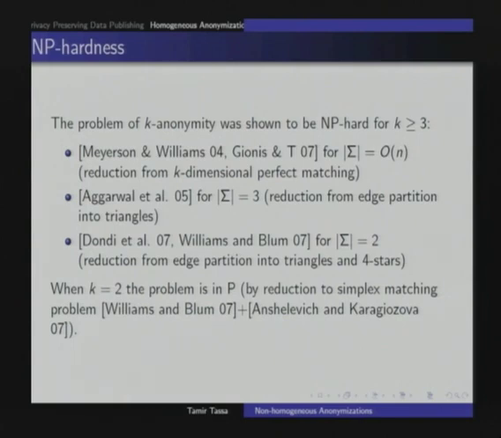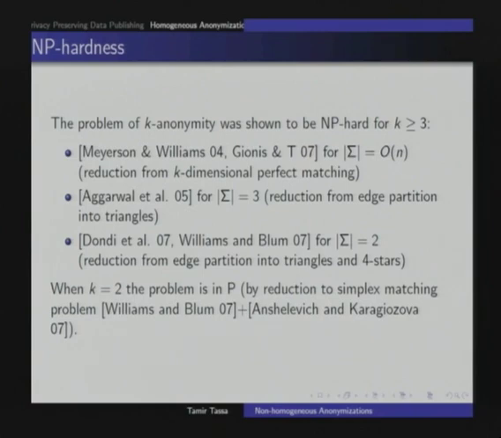Okay, now the problem of k-anonymity was shown to be NP-hard for k greater than or equal to 3. The first result is by Meyerson and Williams, who showed that if the alphabets, here sigma stands for the size of the alphabet of each of the quasi-identifiers, are very rich, with the number of possible values being O of n, where n is the number of records in the table, then this problem is NP-hard.